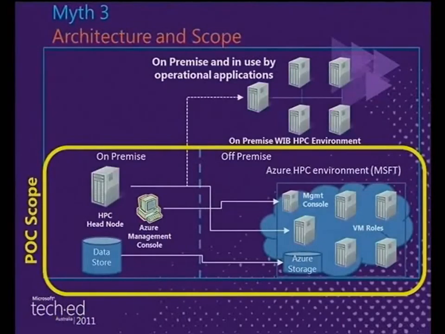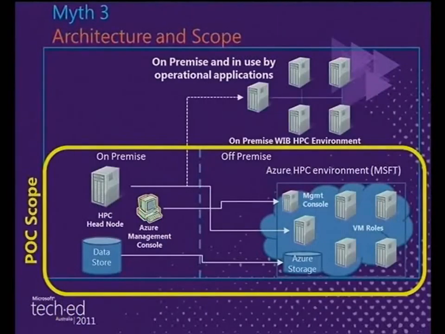This is the scope. The point I need to make is that the on-premise compute group we didn't need to do anything with as part of this. But what we did need to do is leverage off the head node, which stays on-premise. So the head node essentially became, for want of a better term, our jump point out to the cloud. Mind you, jumping is a little bit of an overstatement because we've got to go through firewalls, and that was just not all that jumpy.